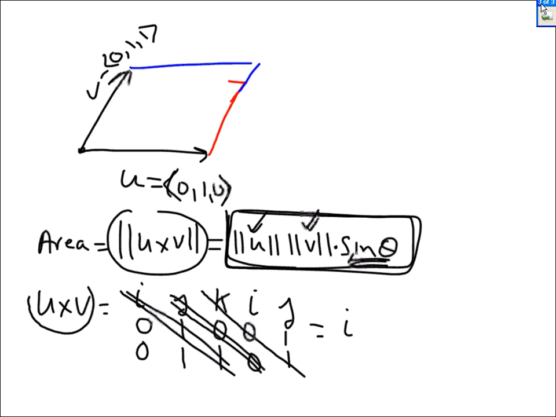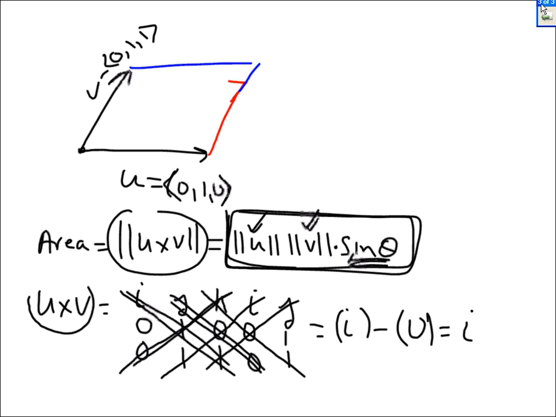We multiply the three entries. 0 times 1 times k is 0. So I did the diagonals in one direction, now I'm doing it in the other direction. And I just got 0k. 1 times 0 times i is 0. 1 times 0 times i, 0. Awful lot of zeros. So we just got 1i.